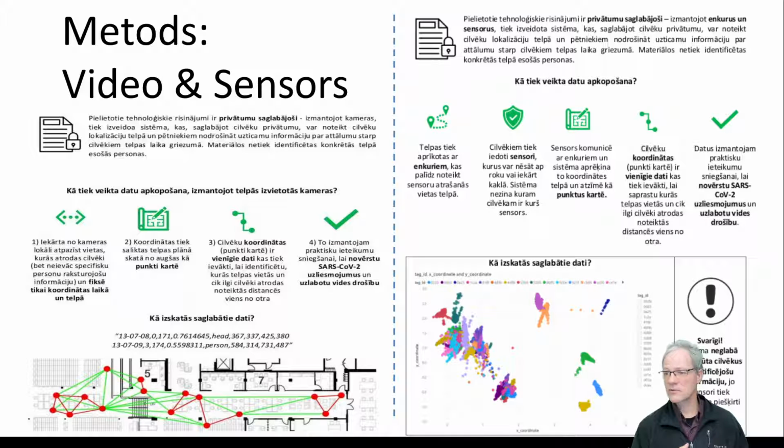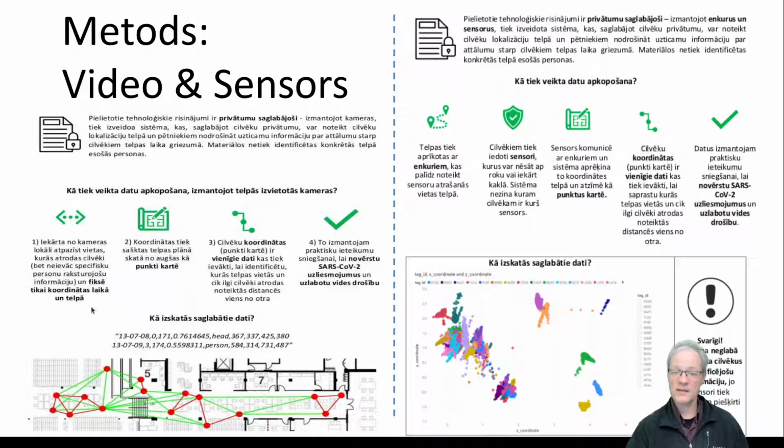So again, these are 2 screenshots from the documents that we gave to the participants. That's why they are in Latvian. But essentially what they say is what this study does. We have a device. The device collects data, and this data is anonymous, so we will not know who you are. We will not report to anyone what we have learned. And we had 2 kinds of methods.